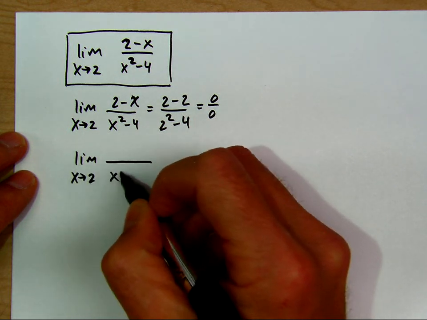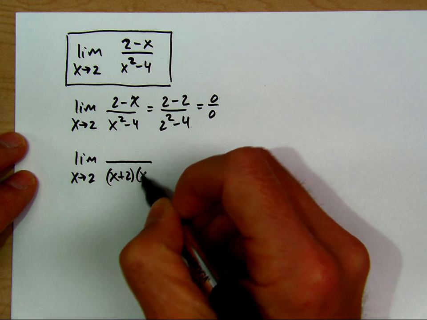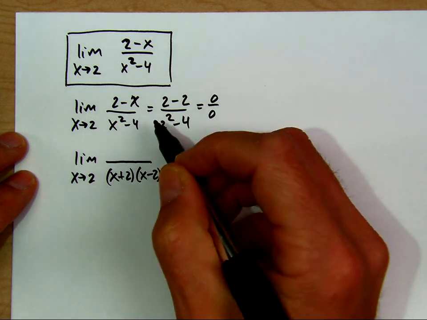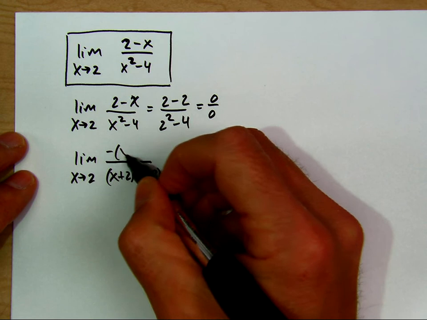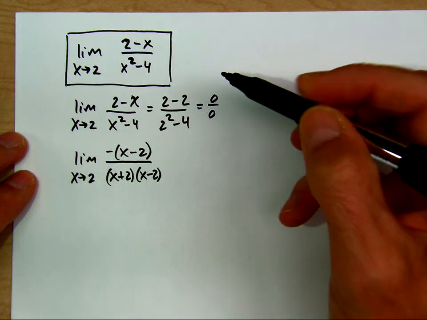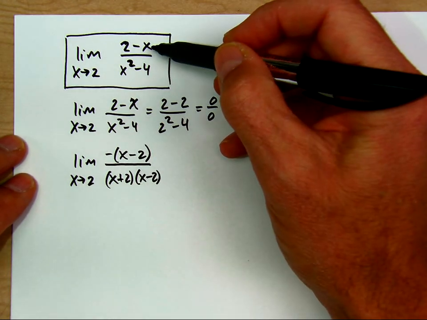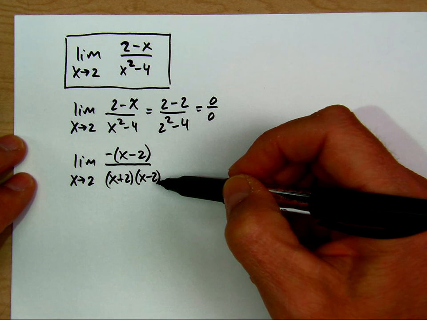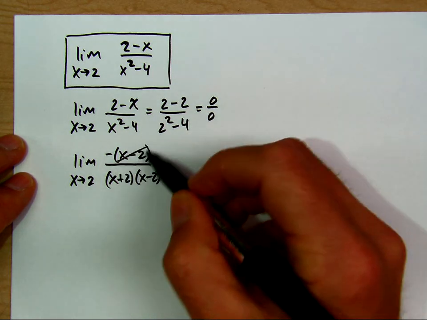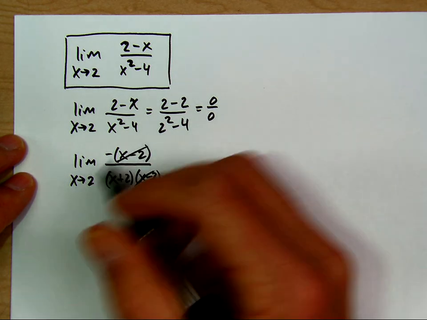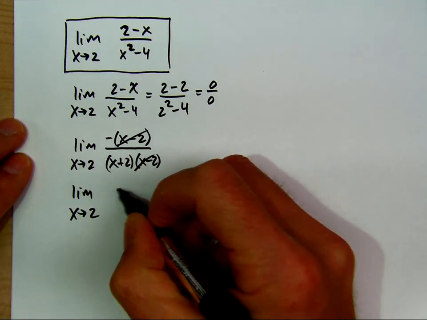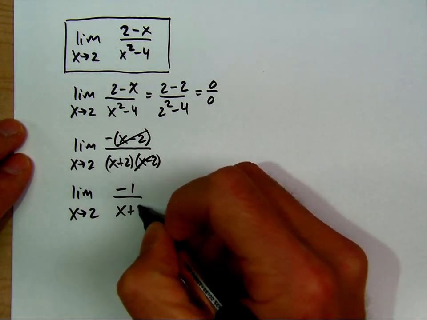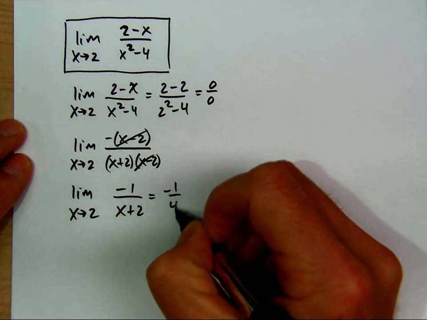We just have to remember that we can change the order of subtraction if we factor out a negative. So if we left it as 2 minus x, it wouldn't cancel with x minus 2. Here we can now cancel. So we'll have limit as x goes to 2, -1/(x plus 2), and we get -1/4.